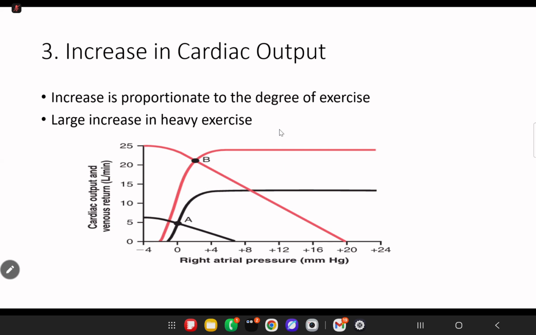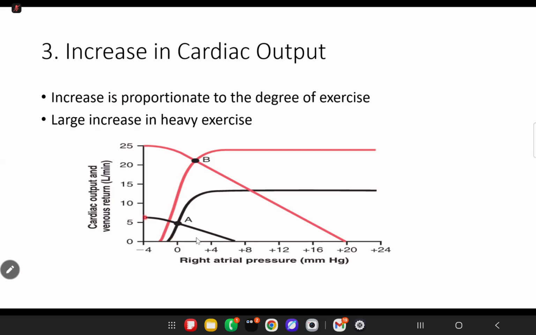So you can all remember this graph. This is the venous return versus cardiac output graph. This is the usual one.